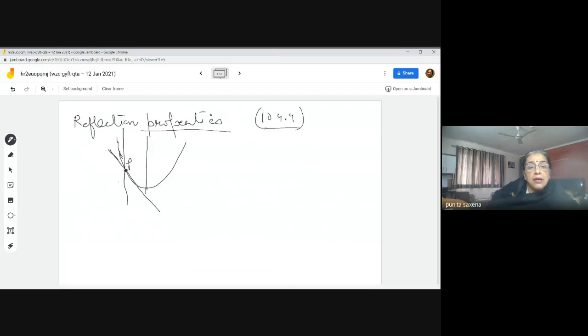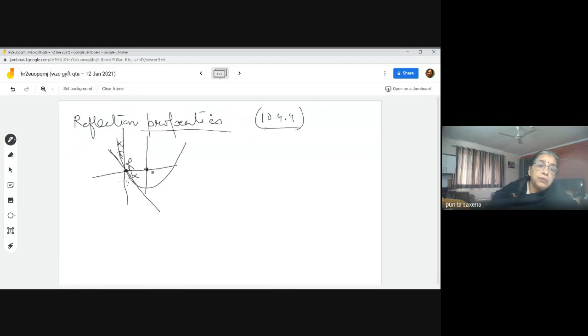That means somewhere here is the focus. So if you draw a line passing through P and the focus, then the angles this line makes with the tangent and the line passing through P parallel to the x-axis are going to be the same. So basically this angle is alpha and this angle is also alpha.